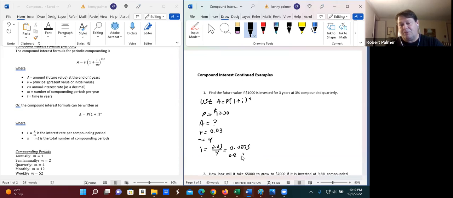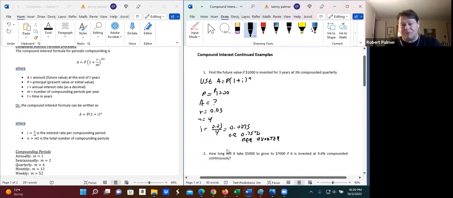Or if we think of things in percent, that's 0.75% per quarter. Okay, so quarterly, that's how much that's going to be. So 3% per year, then per quarter is 0.75%.